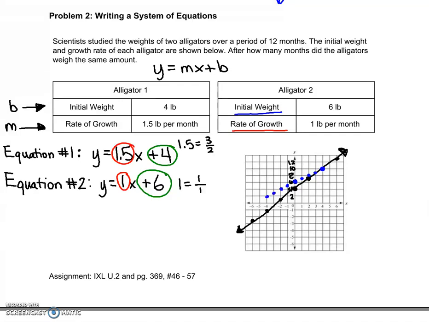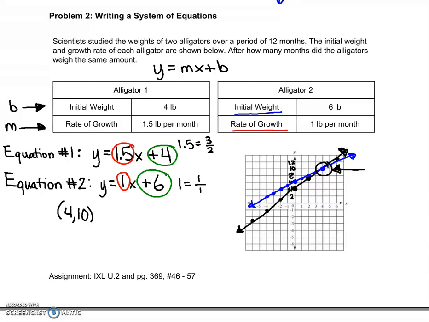We'll go ahead and make our graph. So where those meet up, right there, I need to see what that point is. So it's (4, 10). So my solution is (4, 10).